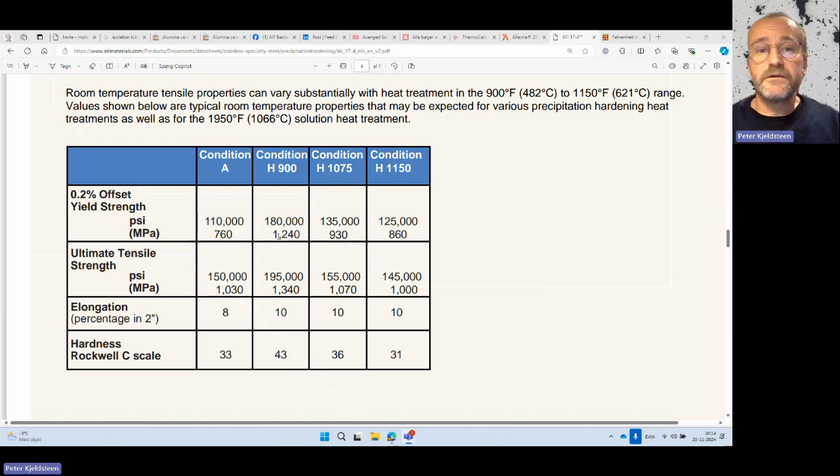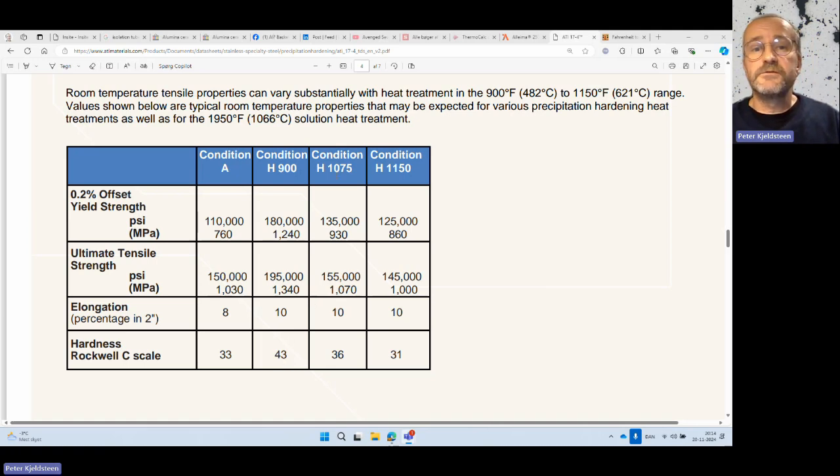But when you make the heat treatment called H900, that is 482 degrees C, we get these very fine precipitations that are causing a lot of intermediate blockage for the dislocations, and hence increasing the strength and also increasing the hardness a lot.